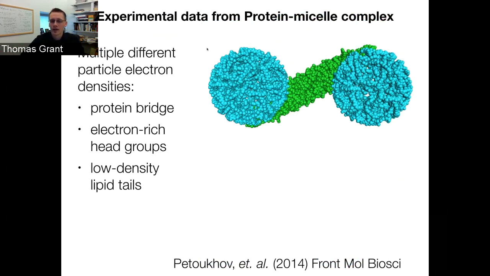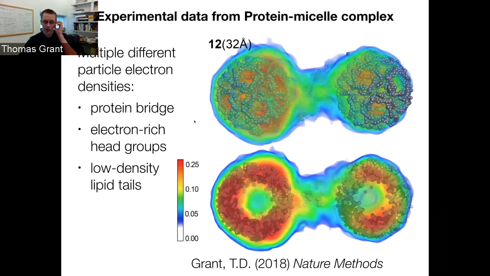And so when you run DENSS on this, you can see these reconstructions where not only does it reproduce this overall dumbbell-like shape, but if you look at a cross-section of the density, it also shows that the highest electron density regions are in the shells around each micelle, and you have low electron density regions in the interior and the protein region connecting the two. So it actually shows you the different density regions throughout the particle at low resolution.